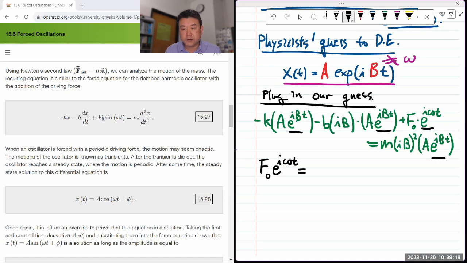and of all the terms that I have on the right hand side, I'll factor out all the common terms. That's going to be A times e to the i b t.